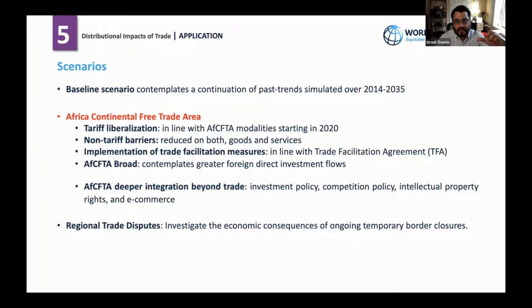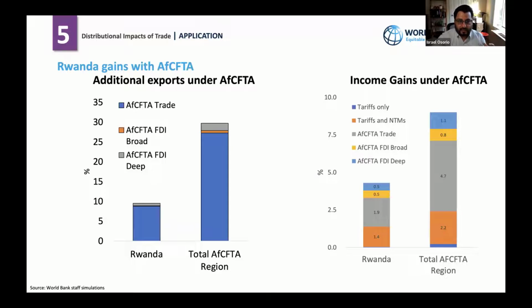This is basically the result that I would like to show you very quickly. For the case of Rwanda, Rwanda has gains that are important, but they are not comparable to the gains for the whole African region. And what we see is that this is because Rwanda is already very liberalized with respect to the rest of Africa, so for that reason the gains are smaller.